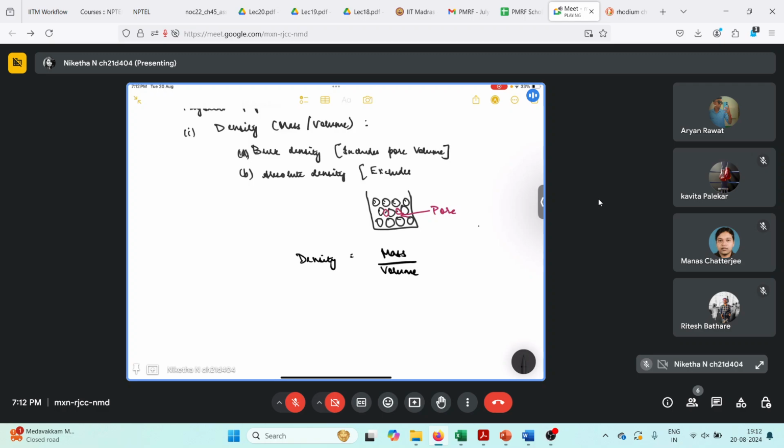My question was, density is mass by volume. So if I include the pore volume in this formula, then will the density increase or decrease? Here I'm considering the volume of the solids, the volume of the particles that are here, plus the volume of pore.